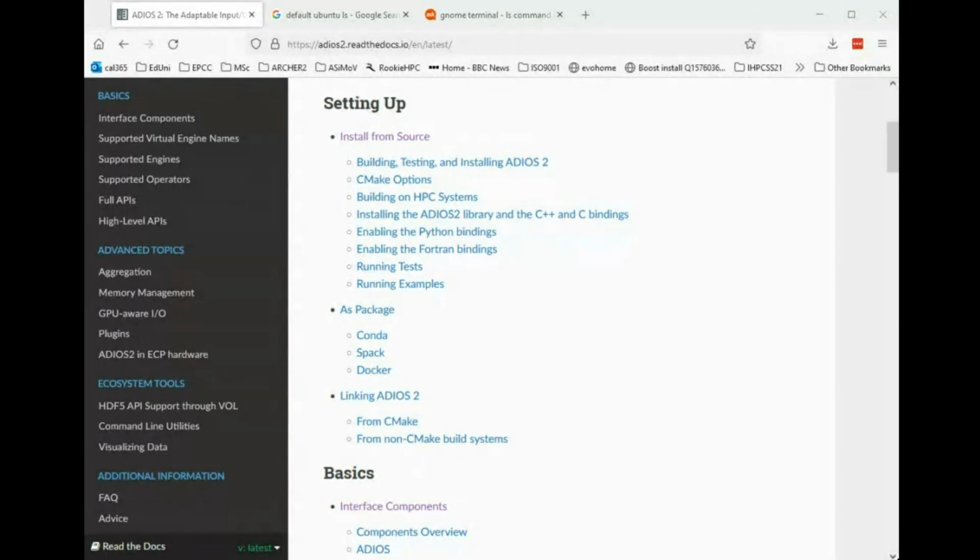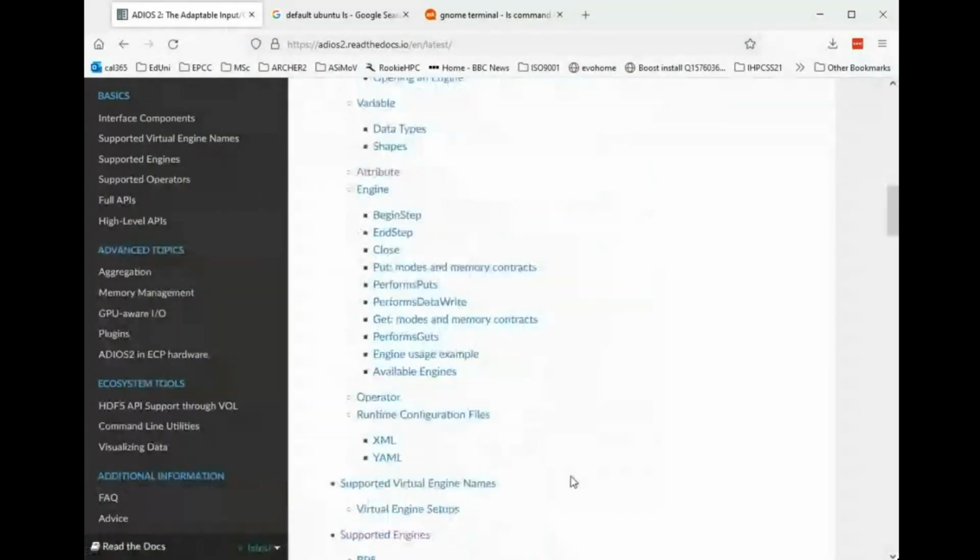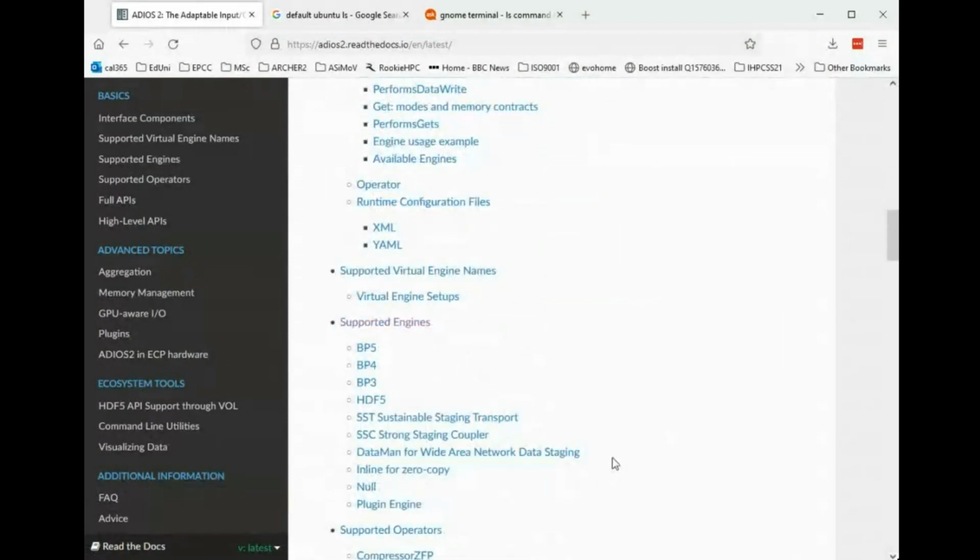You can use it to communicate between two applications. One application writes, one reads, and it never writes to file. It goes purely over, I don't know, network sockets. I'm not sure what it does, but it is quite sophisticated and having quite a lot of work done on it. So it's something that I would like to know more about, but I don't at the moment.